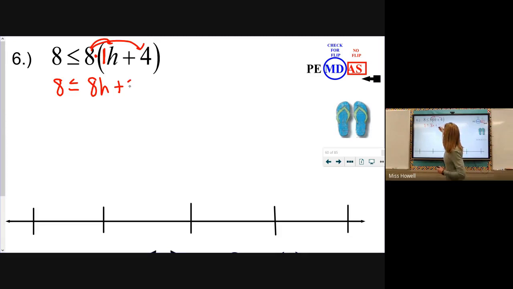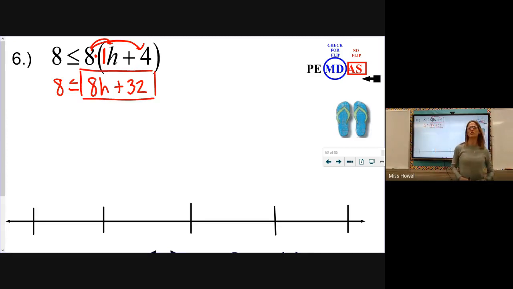32. All right, once we get here, my suggestion is to box your h. It is behind the inequality symbol. So as we solve, it's going to stay in the back or behind that inequality symbol. So be careful. If I cover the h, what I can still see in there is plus 32. That's this add subtract part I have to remove first.